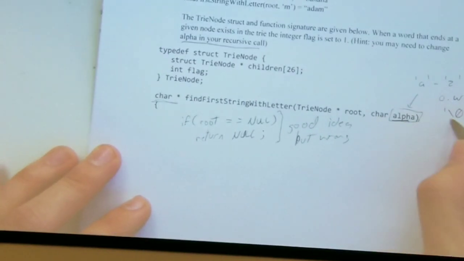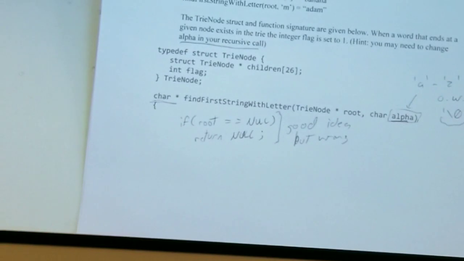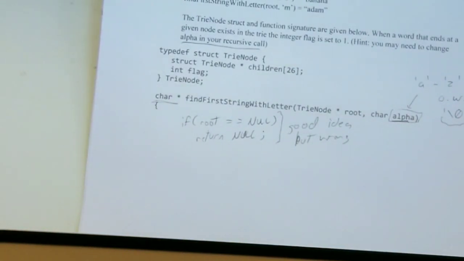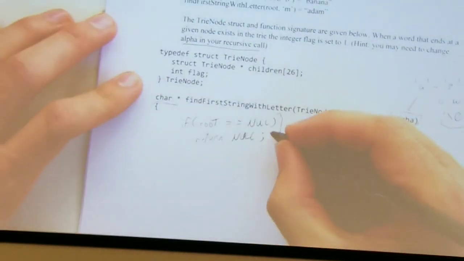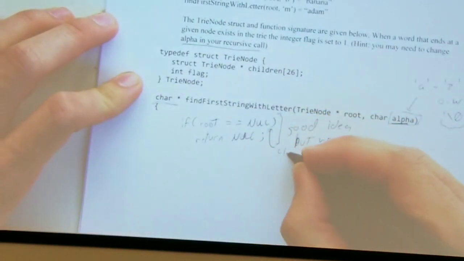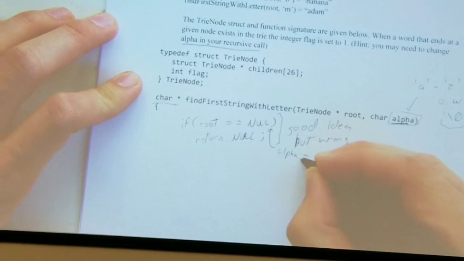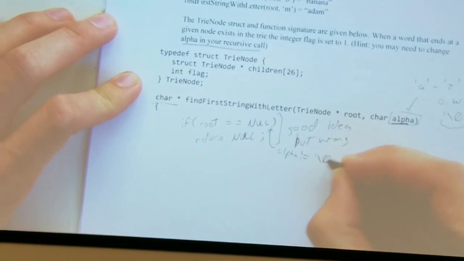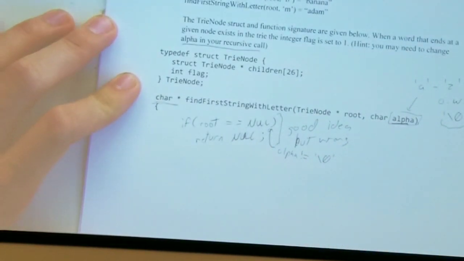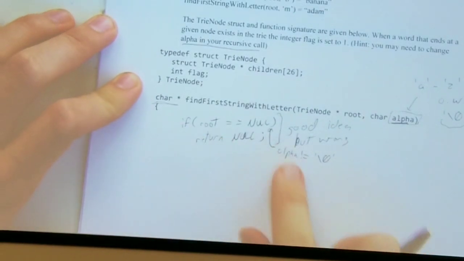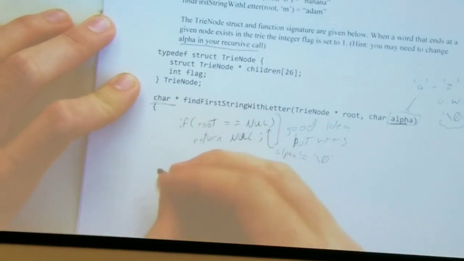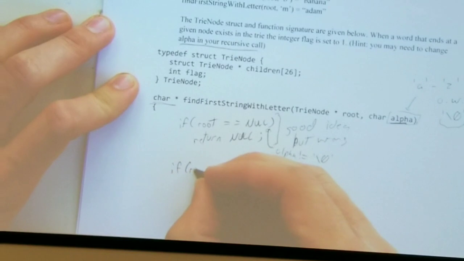If it was ever a null terminator, then that means I've already used my letter inside my trie, and I don't need to worry about using it again. So I additionally checked in this statement that alpha is not equal to the null terminator. Okay. If the root is equal to null and alpha is the null terminator, this is another base case.